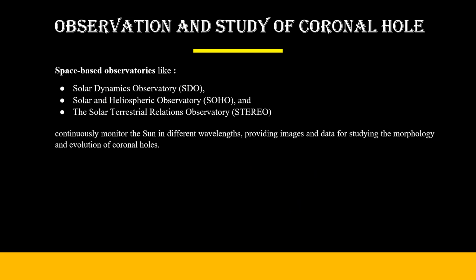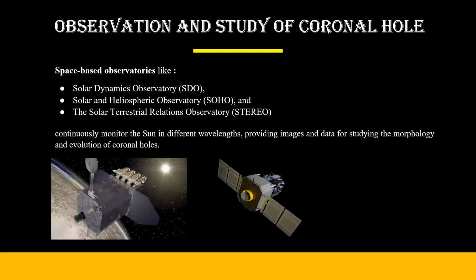Space-based observatories like SDO, SOHO and STEREO, this is SDO, this is SOHO, and this is STEREO, continuously monitor the sun in different wavelengths, providing images and data for studying the morphology and evolution of coronal holes.